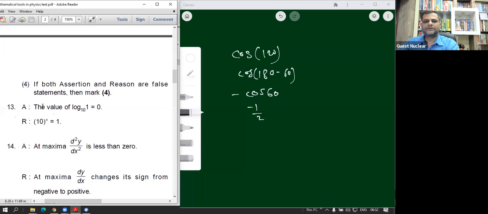Now look here: the value of log of 1 to the base 10 is 0.